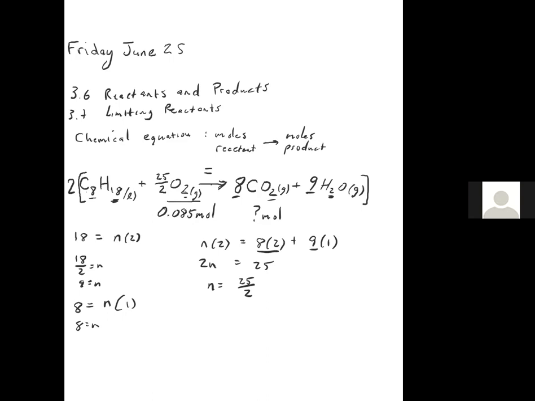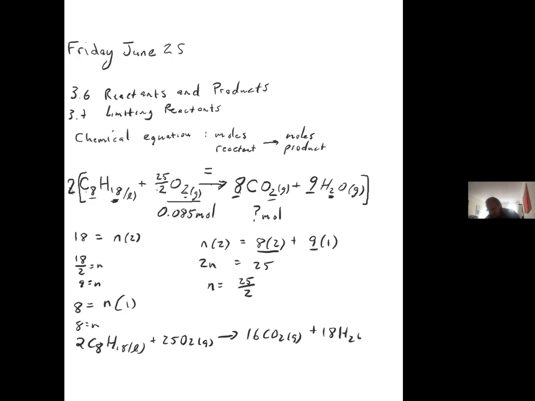So 2 of these. Two times 25 halves is 25. 2 times 8 is 16. And then 2 times 9 is 18. So it's still balanced. It's just that the coefficients are all whole numbers. That's all we did with that last step.